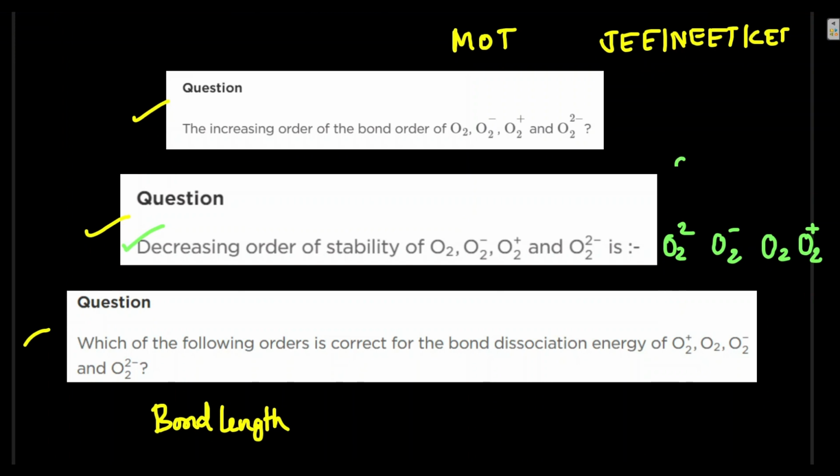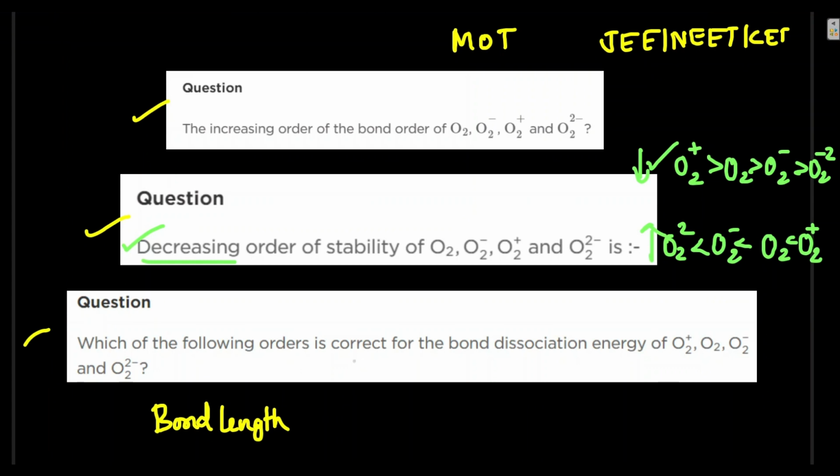All right, O2 plus you will write first, then O2, then O2 minus, then O2 2 minus. So you should be careful whether they are asking increasing or decreasing. This will be increasing stability, this will be decreasing stability.